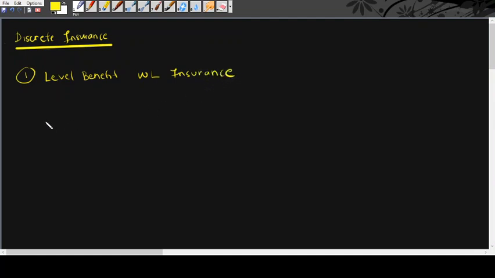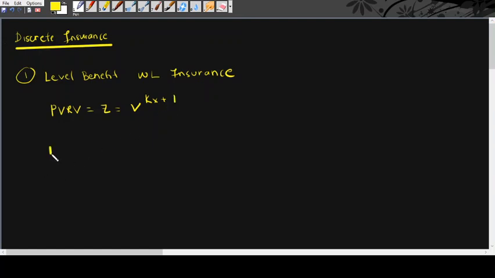Since the benefit payment is $1, we are going to have the present value of the random variable. Let's assume it is z equals v to the power of K_x plus 1.